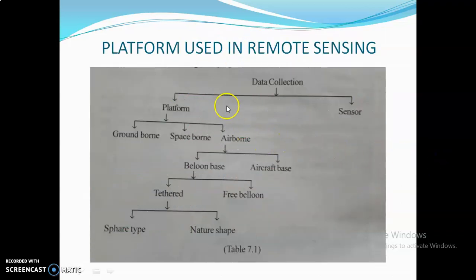So for that purpose, remote sensing uses platforms. For data collection, platforms and sensors are used. Platforms can be divided into ground-borne, space-borne and airborne.